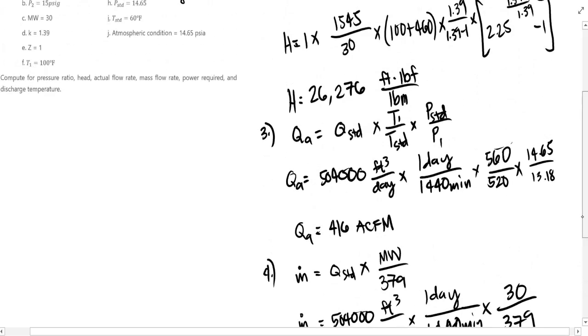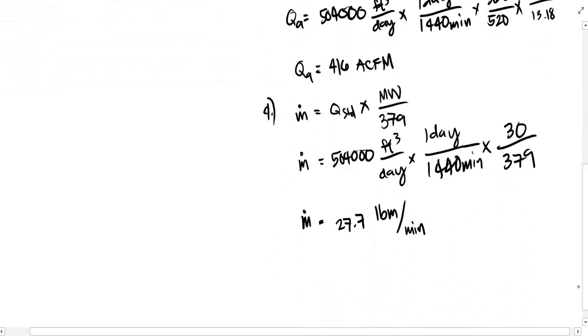Okay, so next is the power required. So number 5, HP is equal to mass flow rate times head divided by 33,000 times the efficiency.